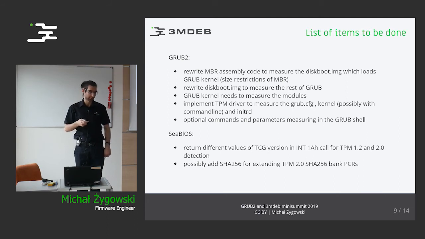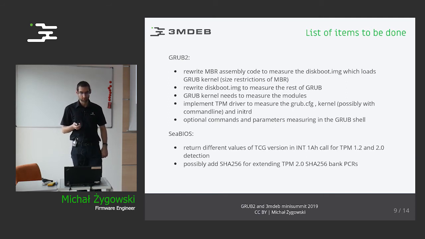And also, as an additional security feature, Trusted GRUB implements the measurement of the shell commands that are executed through the GRUB shell. And also, there are integrations of the disk encryption, decryption, unsealing TPM secret for LUKS, etc.